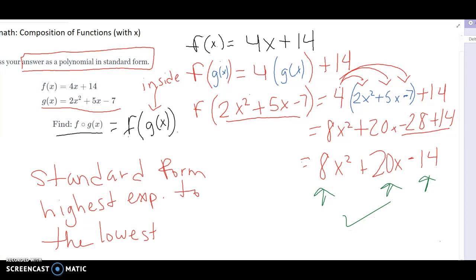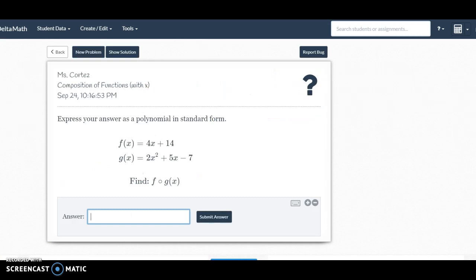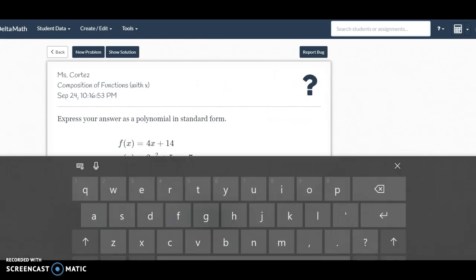So let's go ahead and type that into Deltamath. That's going to be 8x.